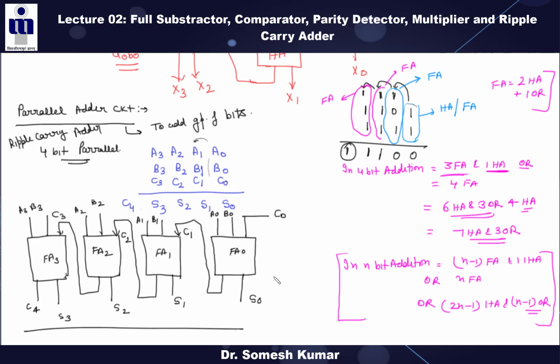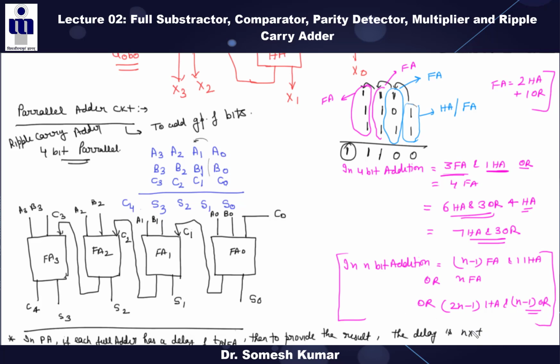Here I can write one statement in parallel adder: if each full adder has a delay of TPD full adder, then to provide the result, the delay is n into TPD full adder.